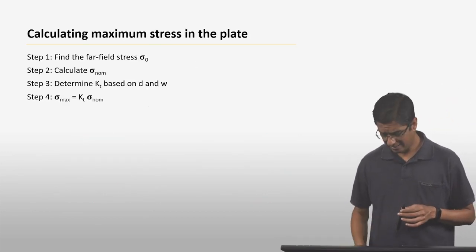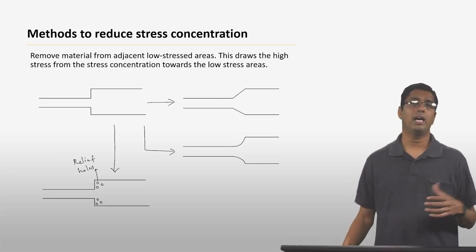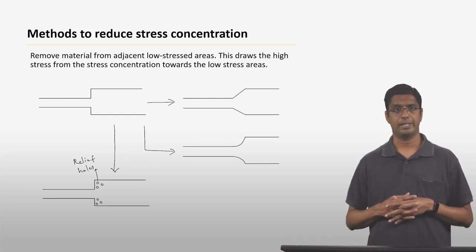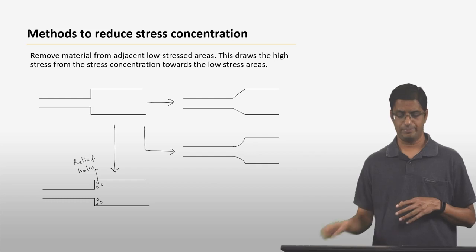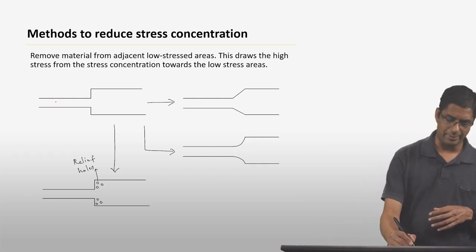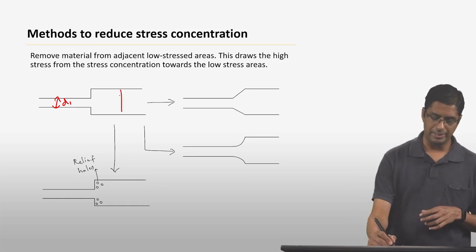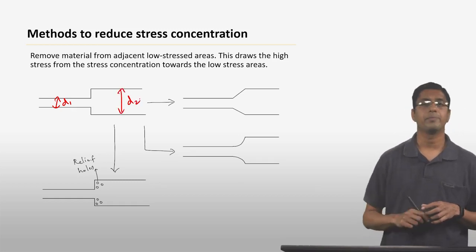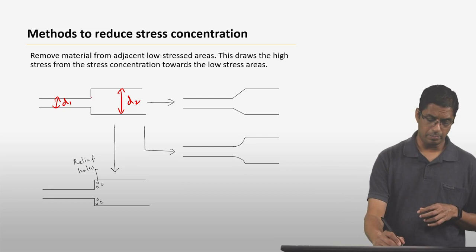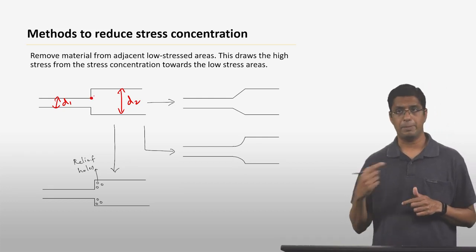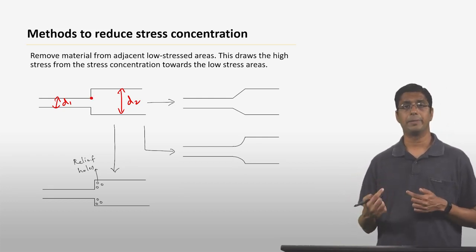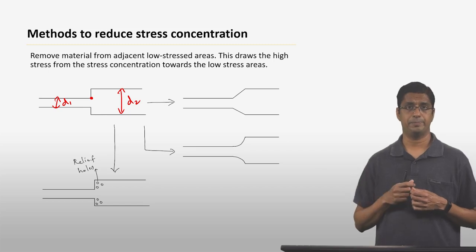So the last thing that I want to talk about is how to reduce stress concentrations. If you think of something like a shaft, where you have a diameter d1 in one part of the shaft and a diameter d2 in the other part of the shaft, this point here, where there is an abrupt change in geometry, is going to be a point of stress concentration.